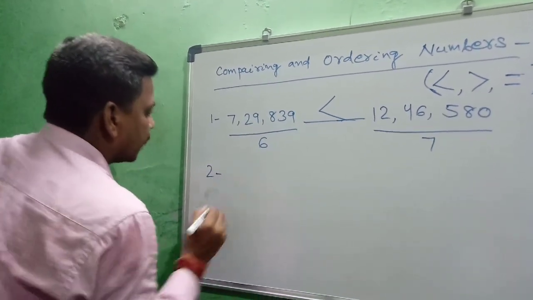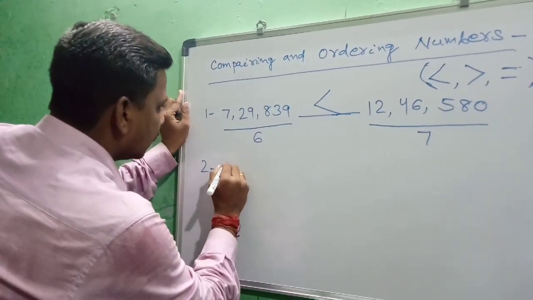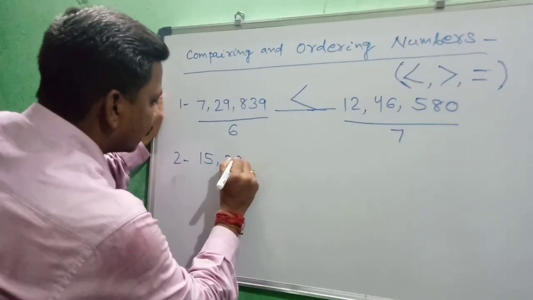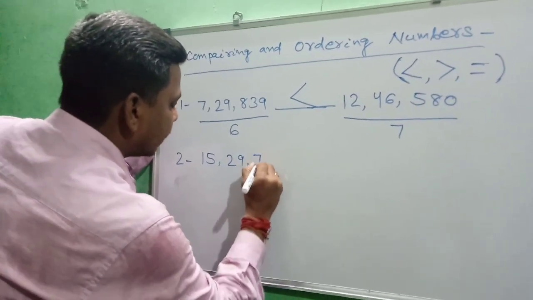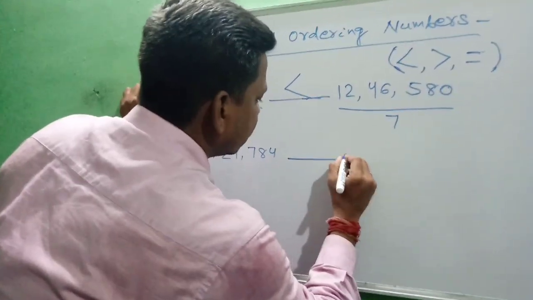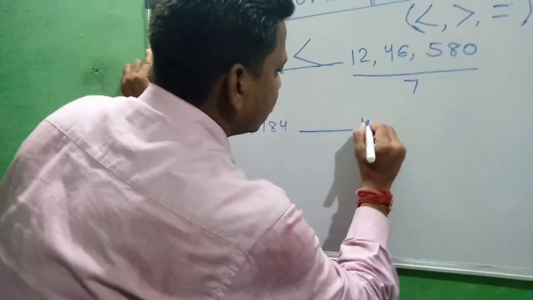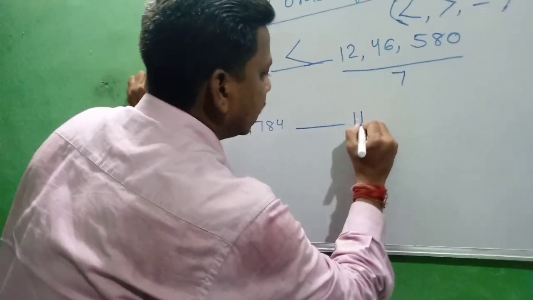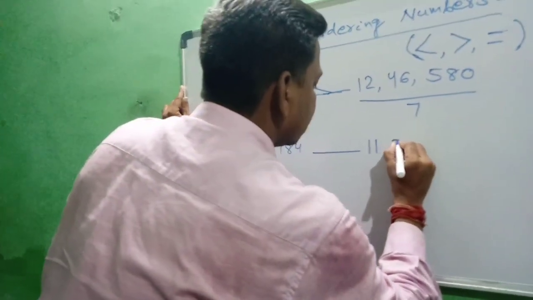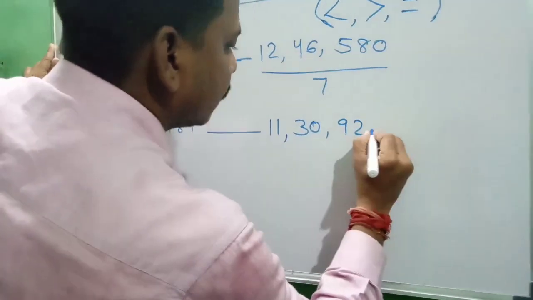In another situation, I have written here 15,29,784, and the other number is 11,30,920.